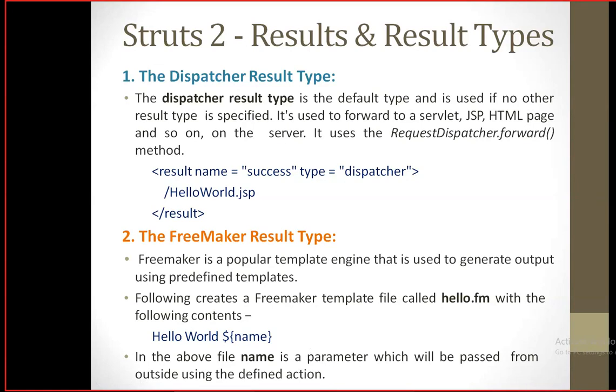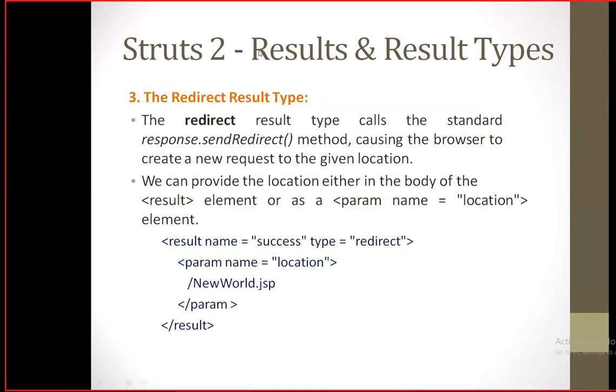The third type is the redirect result type. Generally we use response.sendRedirect. The same mechanism is used, and here we are not forwarding the request, but when we use sendRedirect, we are actually generating a new request from the current page or from the given location, right? So that is the difference between the two types.